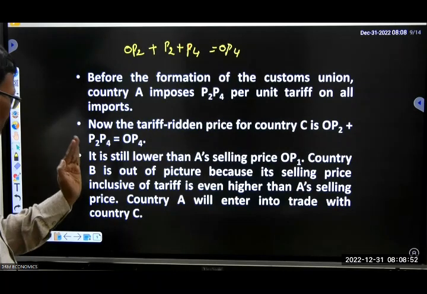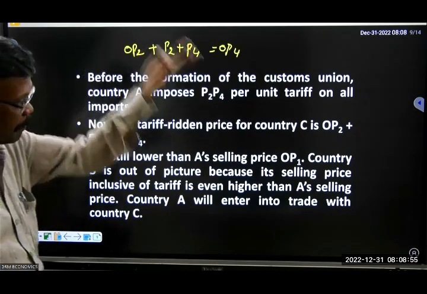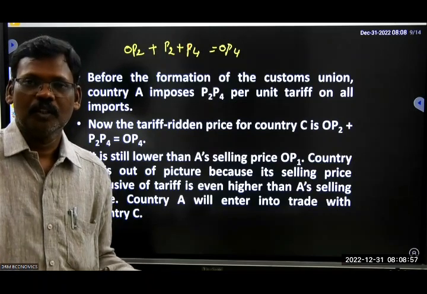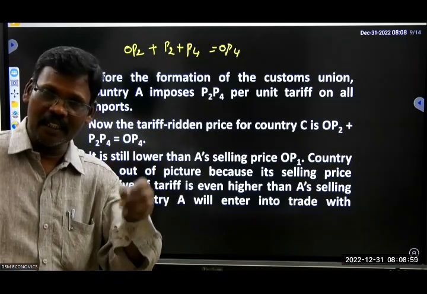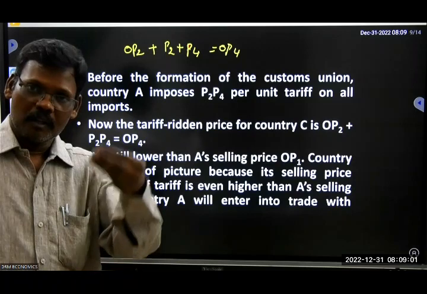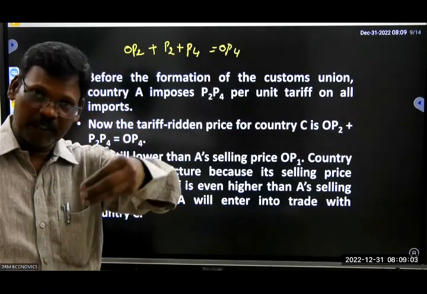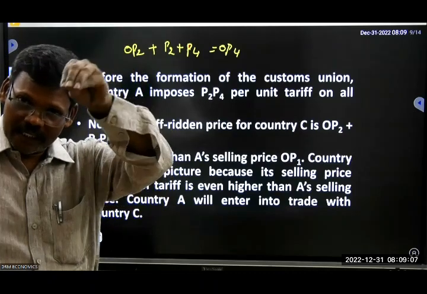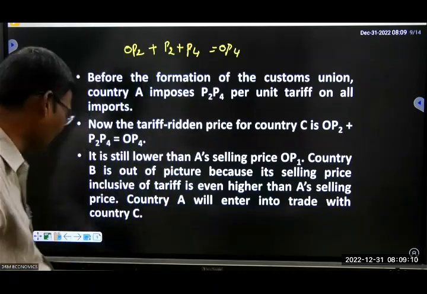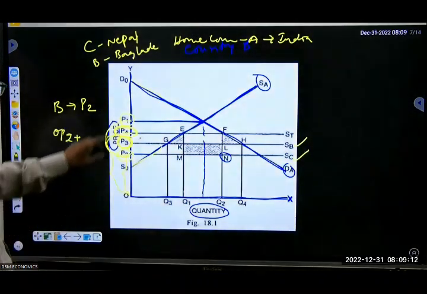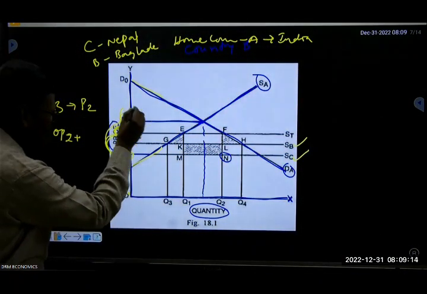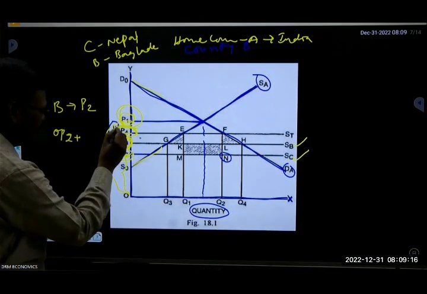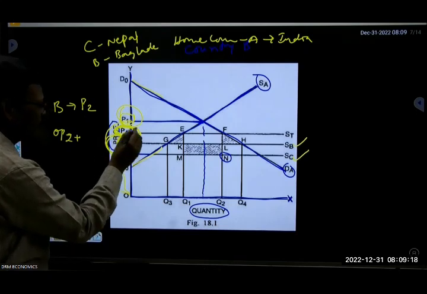It is still lower than country A's selling price of OP1. Even though country C is imposed this type of tax, still country C's price is lesser than country A's, because country A's price is OP1, but country C's price is OP4.